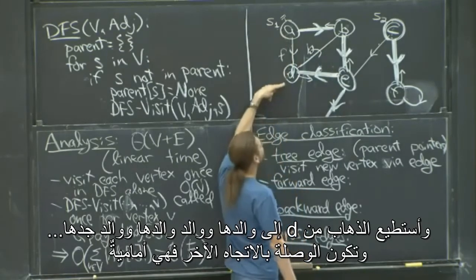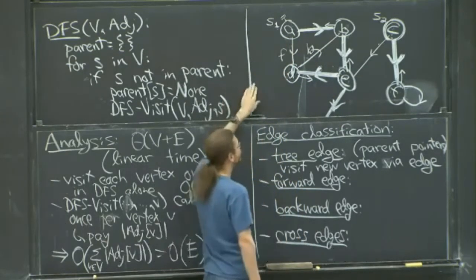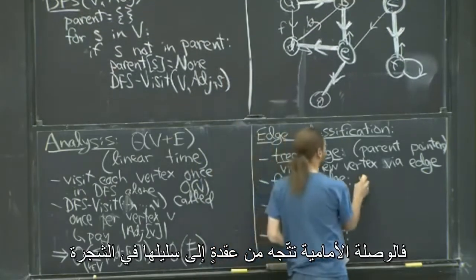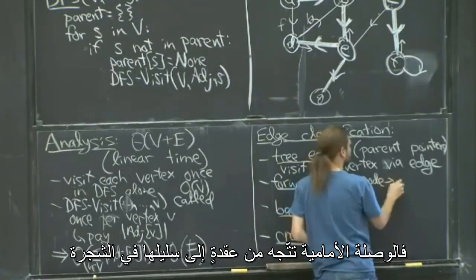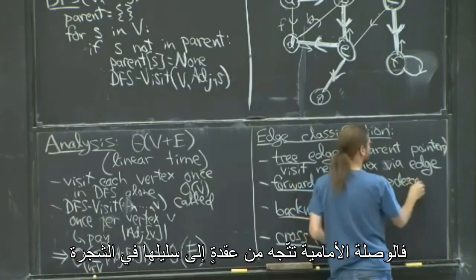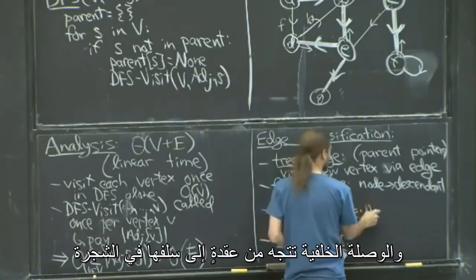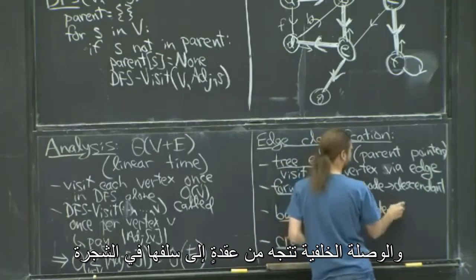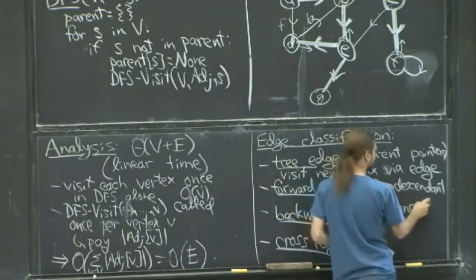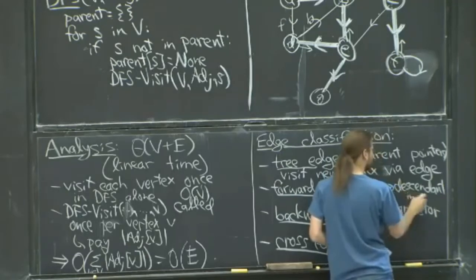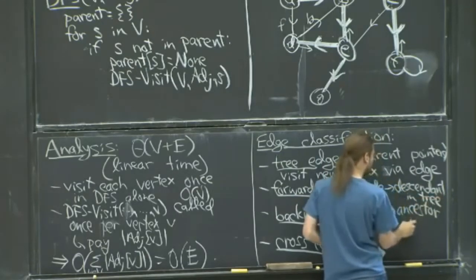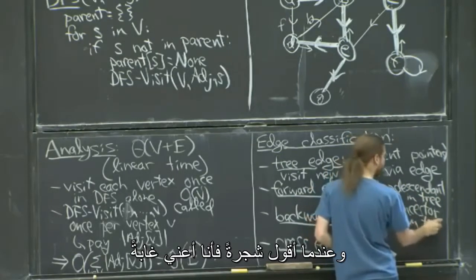The edge went the other way. That's a forward edge. Okay, so forward edge goes from a node to a descendant in the tree. Backward edge goes from a node to an ancestor in the tree. And when I say tree, I mean forest.